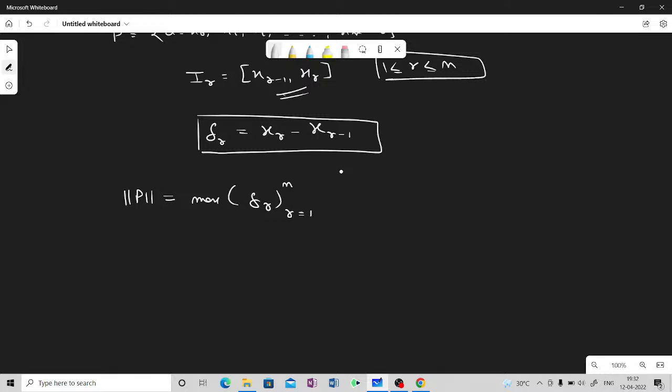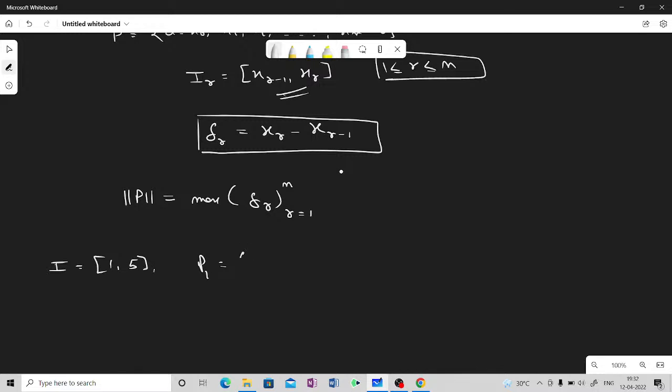For example, let us take an interval I, 1 to 5, and we take two partitions to examine properly.